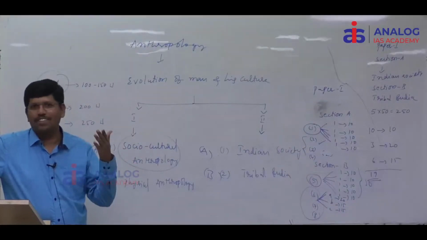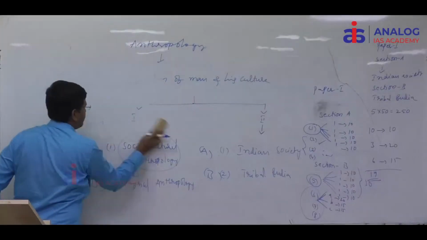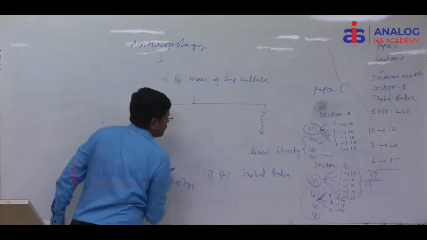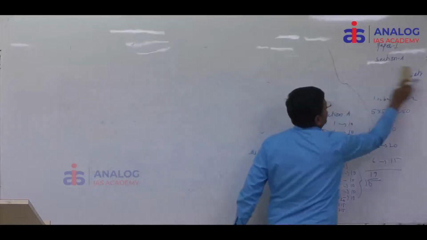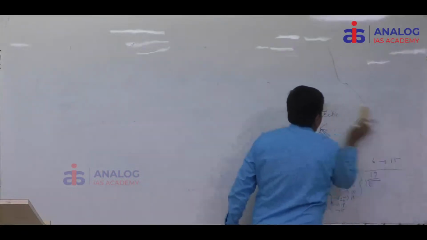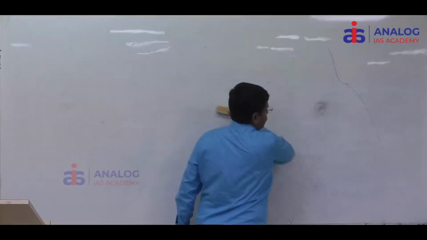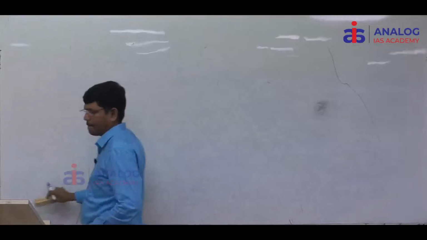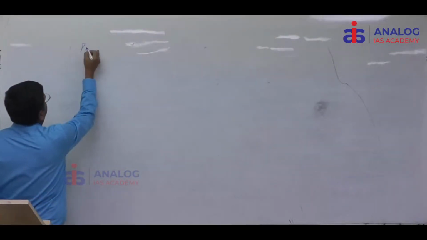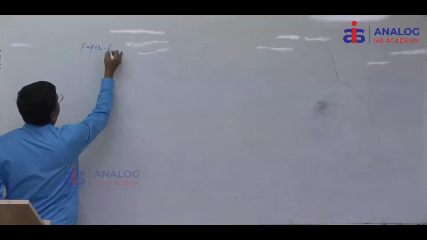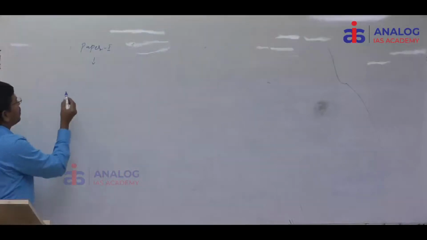Now we'll go directly into the syllabus. First we'll start with socio-cultural anthropology. Actually, in paper 1, we have 12 chapters.